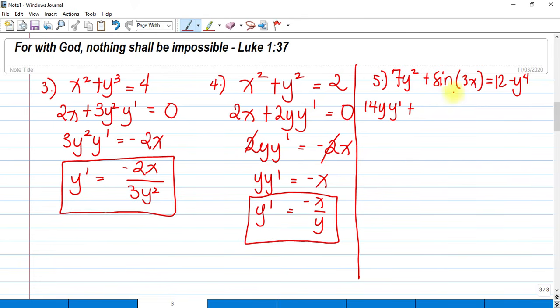First, you differentiate sine 3x, that's cosine 3x, and you multiply it by the derivative of the inside function, 3x, with respect to x. So that is 3 cosine 3x. Is equal to, the derivative of 12 is 0, minus 4y cubed y prime, because again, we differentiate with respect to y.